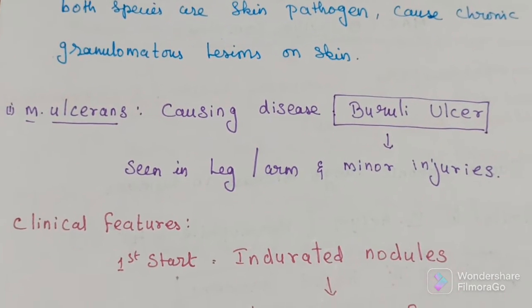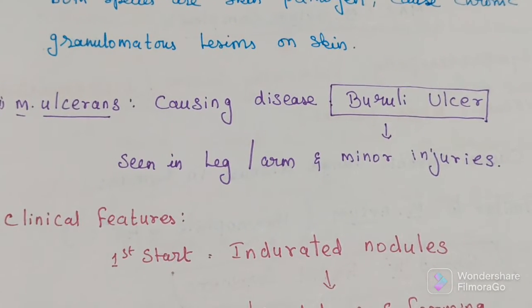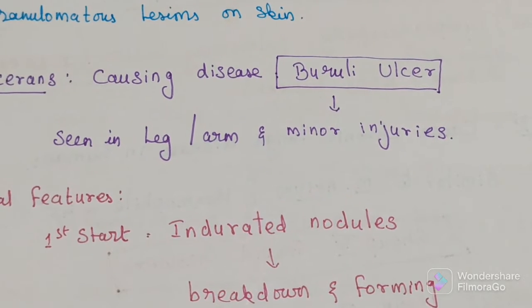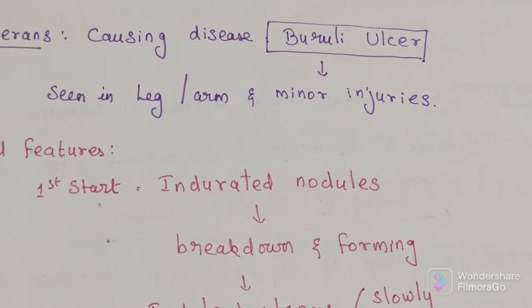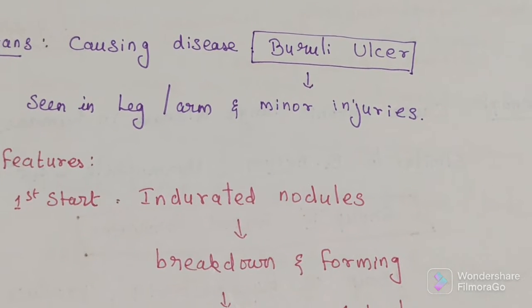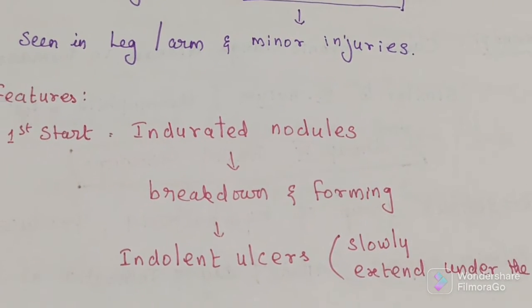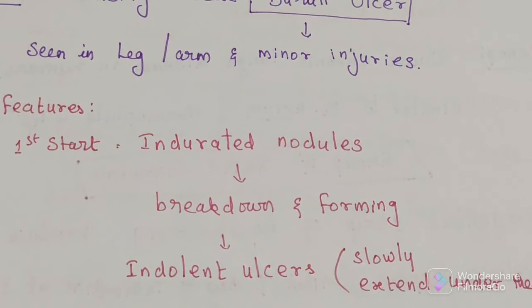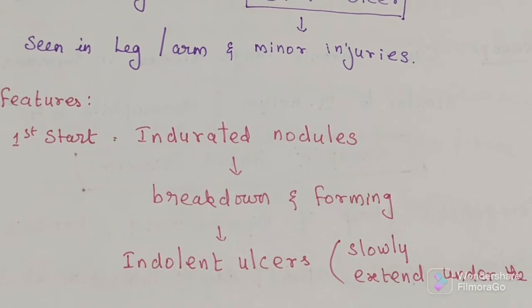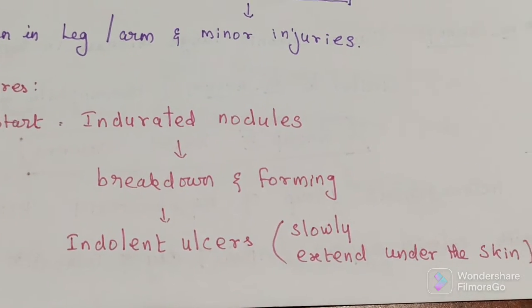The clinical features of Mycobacterium ulcerans: it first starts as indurated nodules, which then break down, forming an undermined ulcer. They slowly extend under the skin.